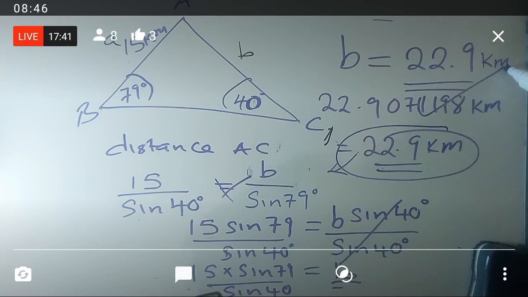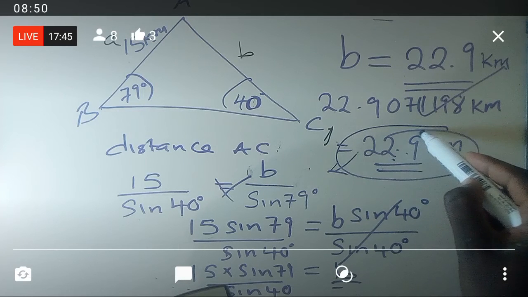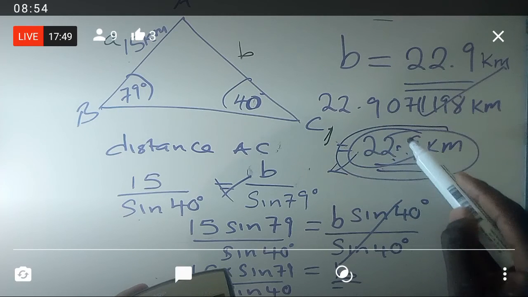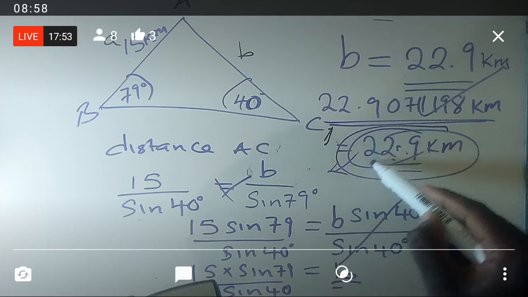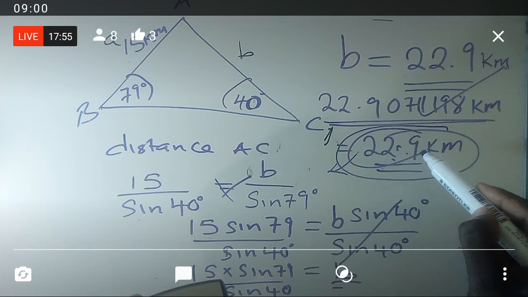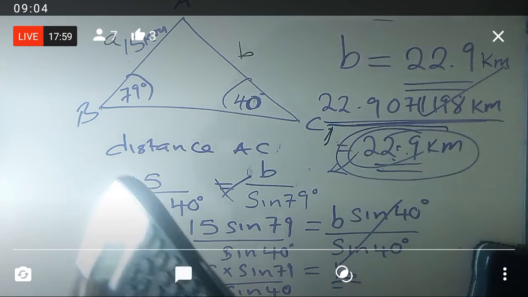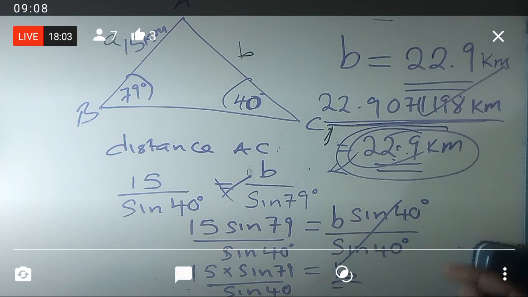But if you just write the rounded one and you make a mistake, some people may not mark you on it. They may deduct a mark. So the best way is to write it in full and then round it off. If you want, you can leave it up to here. It doesn't matter if you don't round it off, it will still be fine. Okay, we go to the next question.